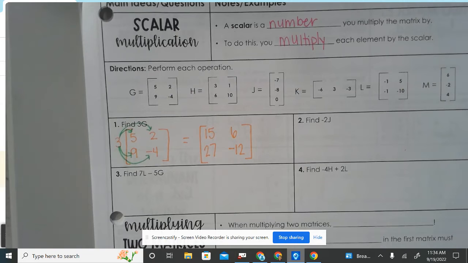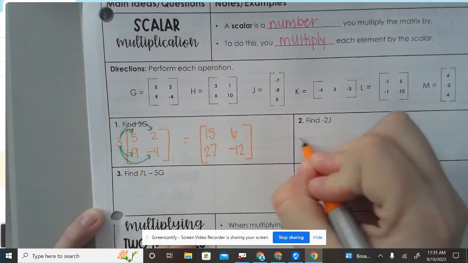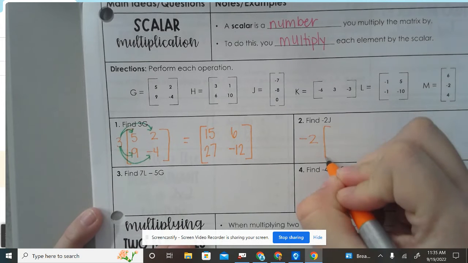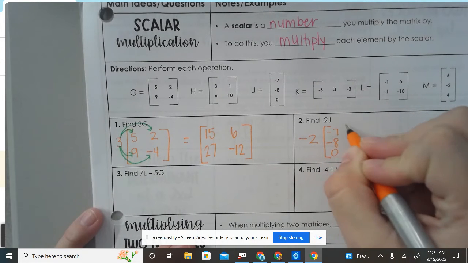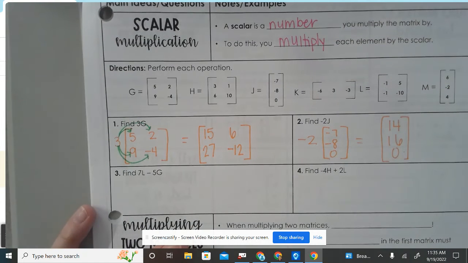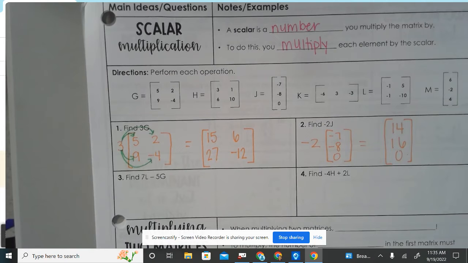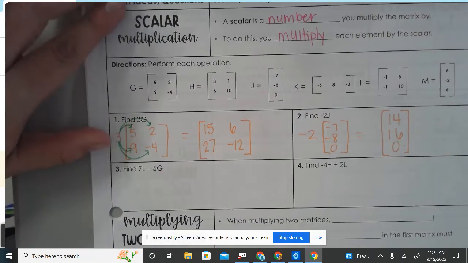So try number 2. You should get 14, 16, 0. Questions?